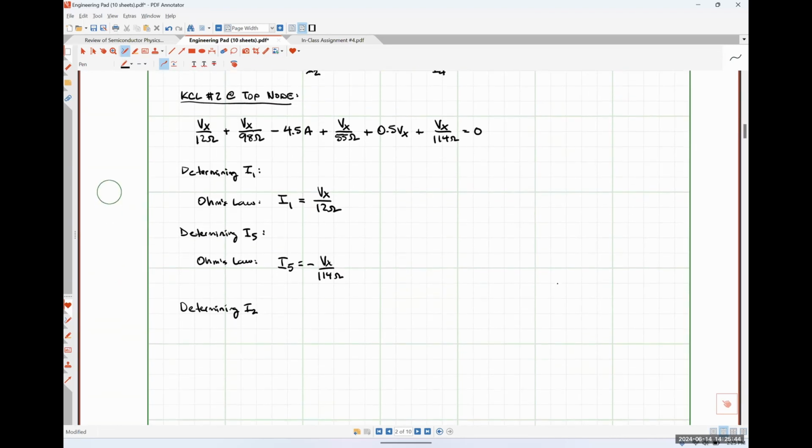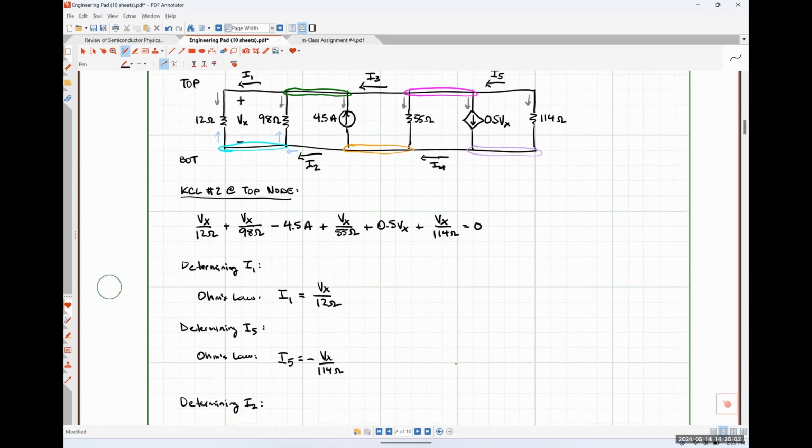So, say KCL number 3 at light blue is going to look like I2. And then how could we express the current flowing up through the 98 ohm resistor in terms of Vx?